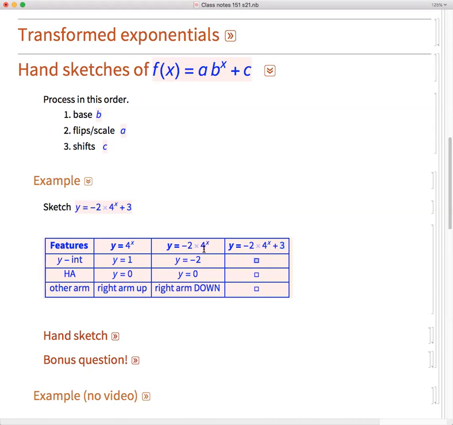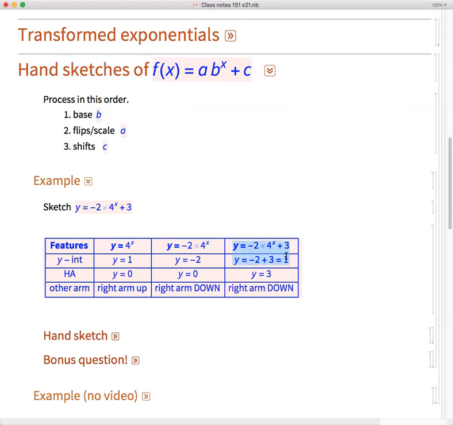Okay, so comparing this graph with this graph, the intercept was at -2, but we're shifting up 3 units. So now the intercept will be at 1. The horizontal asymptote was at y equals 0, but we're shifting up 3 units. And the vertical shifting is not changing the fact that we're still right arm down.